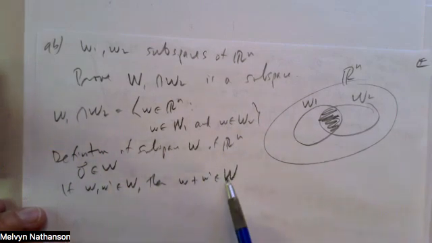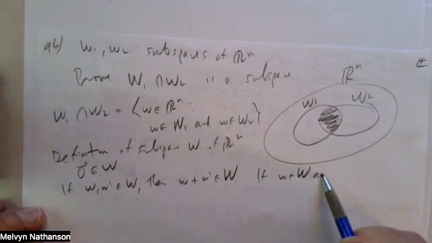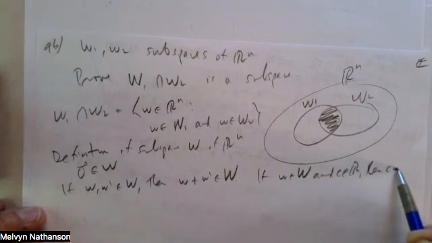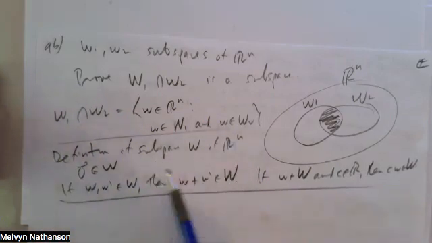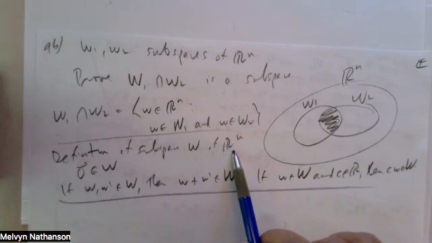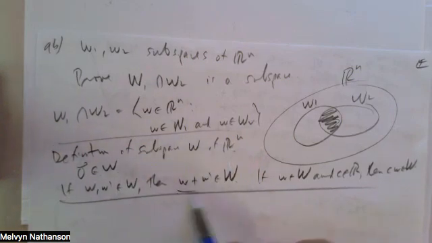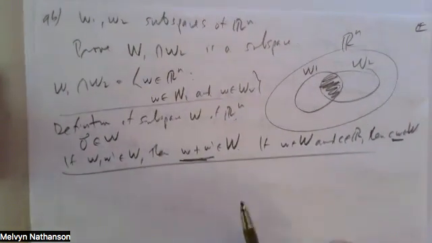So this is closed under addition. And if W is in the subspace and C is any scalar, then C times W is in the subspace. So a subspace is a set contained in the vector space Rn that contains the zero vector and is closed under vector addition and scalar multiplication.